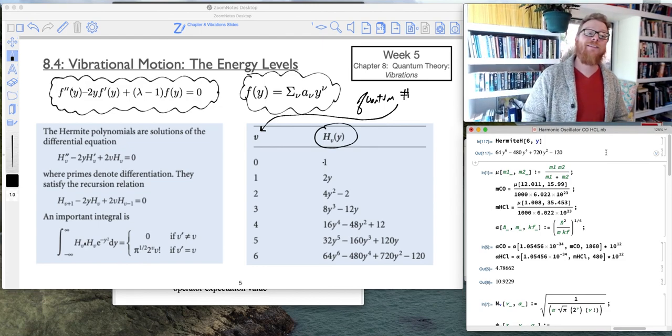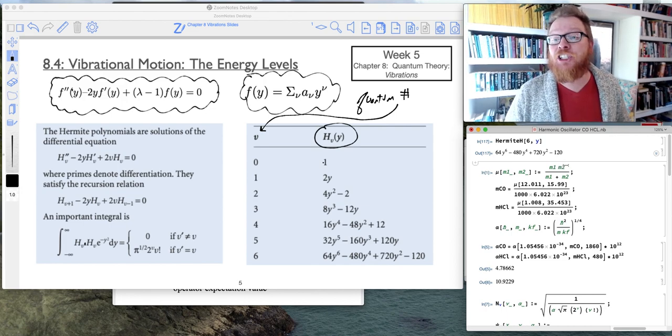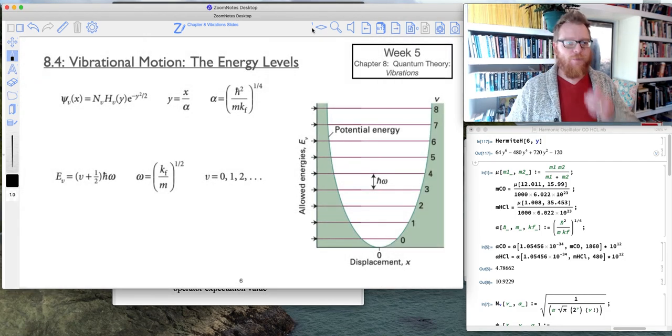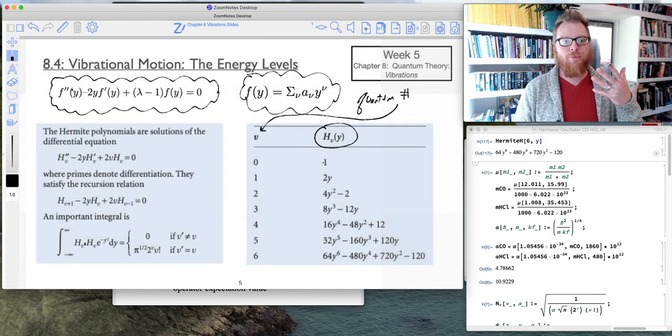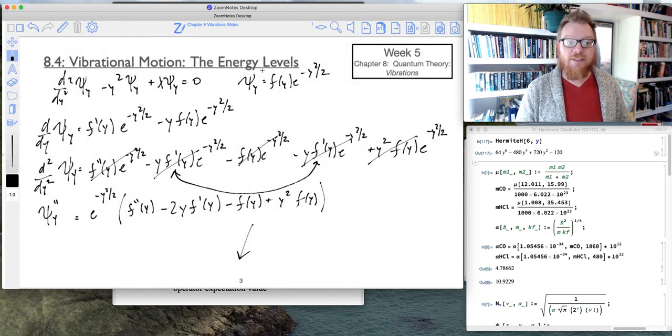So we still don't have a solution to the Schrodinger equation. We only have a general solution, and that is the Hermite polynomial, okay? So what is the full equation gotta be? All right, well, I'll remind you, we guessed way back up here, let's see. Yes, here it is.